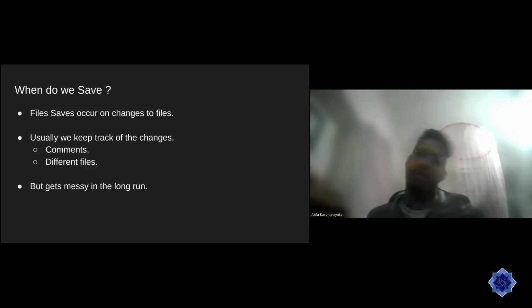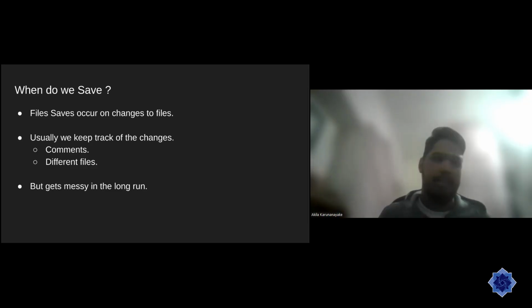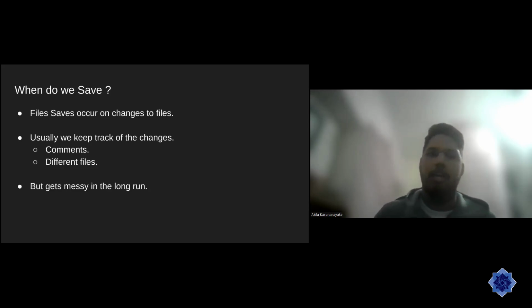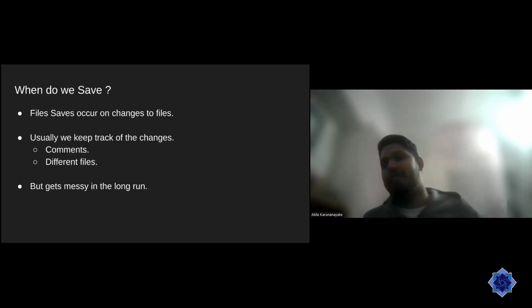Multiple saves like test1, test2, test3.py is okay when it's just simple single file code. But when it comes to projects, let's say a third year or fourth year project, and you're working with a lot of code, a lot of files, a lot of folders, this gets messy. It gets real messy in the long run.